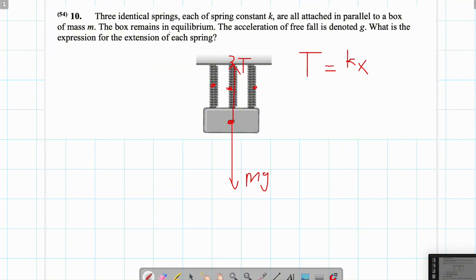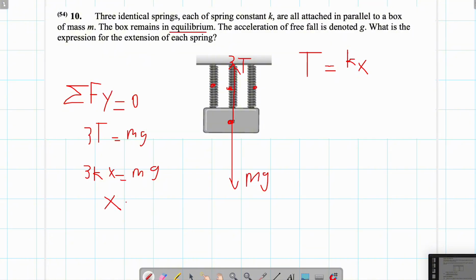Since it's in equilibrium, sigma Fy is equal to 0. 3T is equal to mg, and then we substitute T by Kx. So 3Kx is equal to mg. They want us to isolate x, so we divide by 3K on both sides. We get x is equal to mg over 3K.